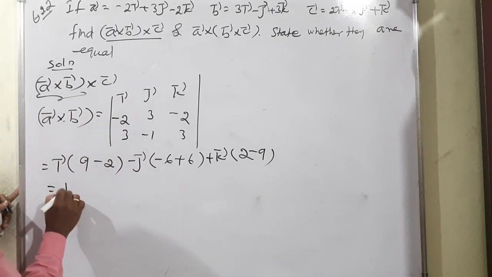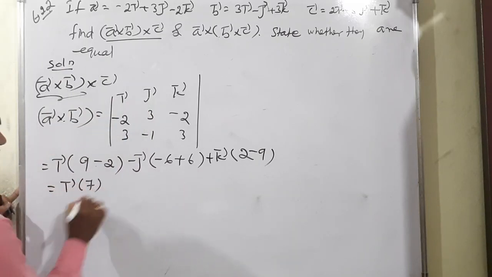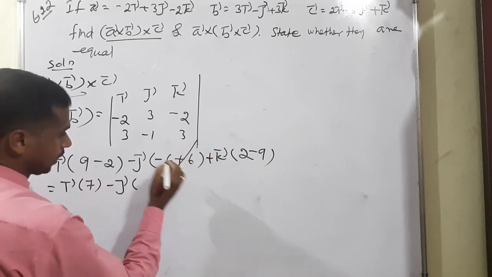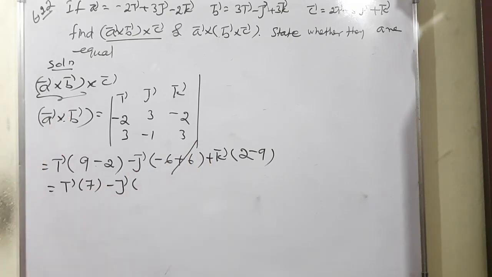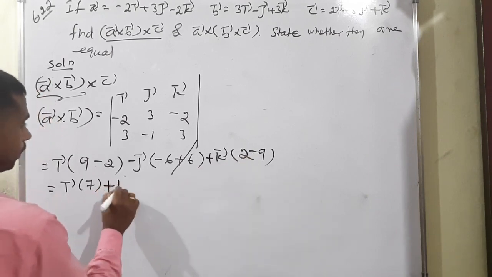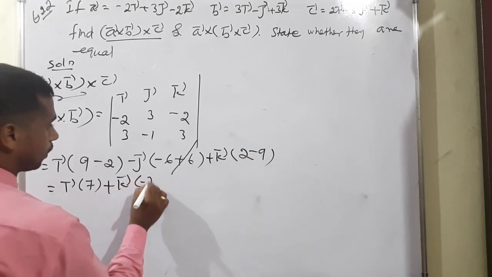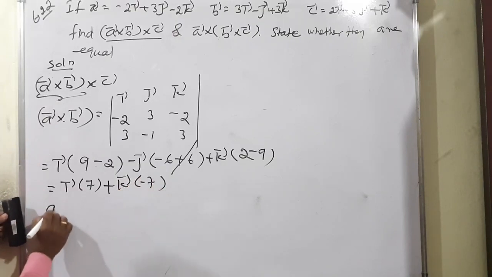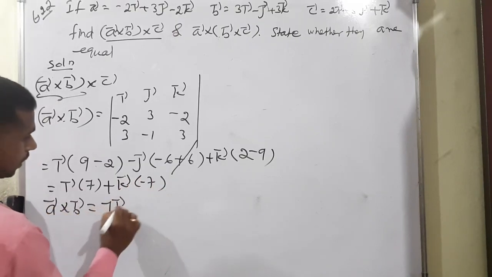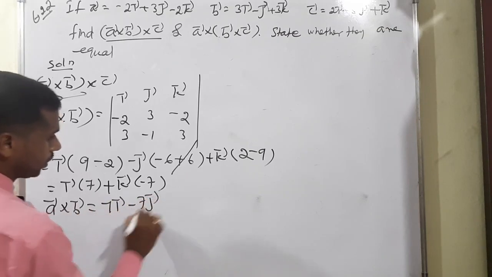Therefore, 9 minus 2, i vector, 7. Minus j vector, minus 6 plus 6 cancel, so no need to write minus j. The next, 2 minus 9 means k vector, minus 7. Therefore, a vector cross b vector is equal to 7i vector minus 7k vector.